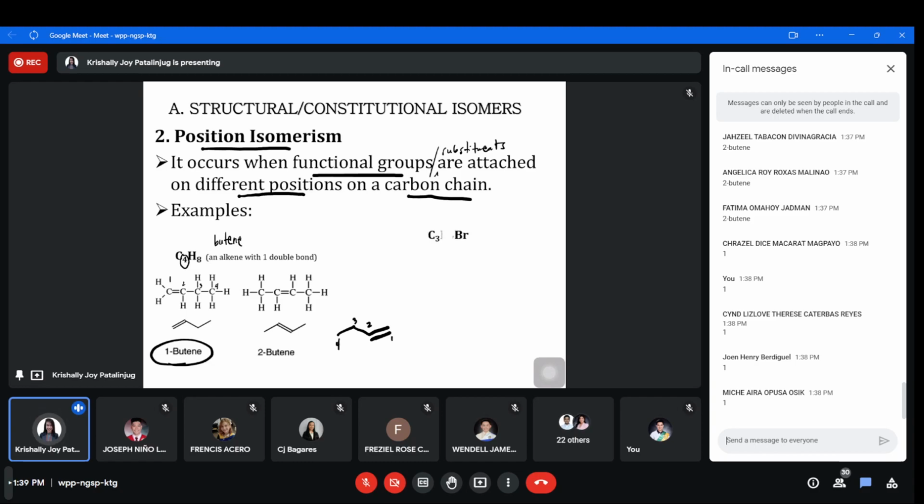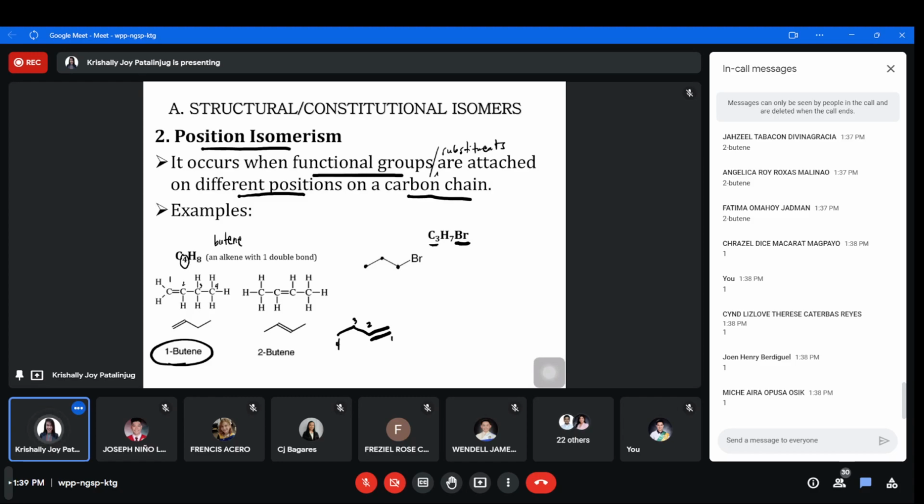Now, C3H7Br, ito naman isa tong halide, or haloalkane. Okay? So you have a 3 carbon with a bromo. Okay? 3 carbon with a bromo.